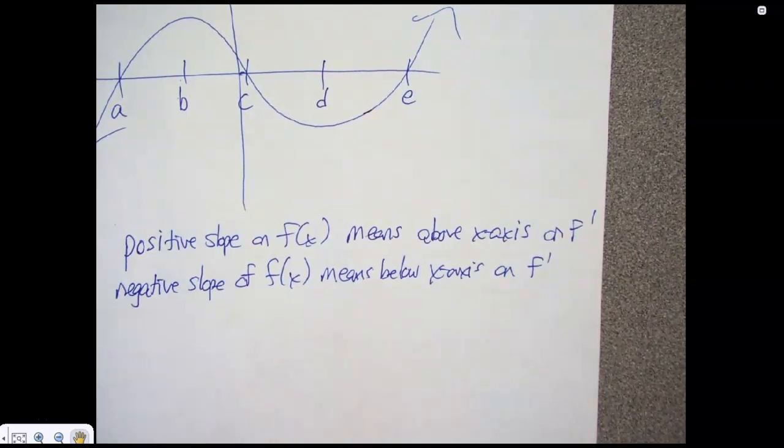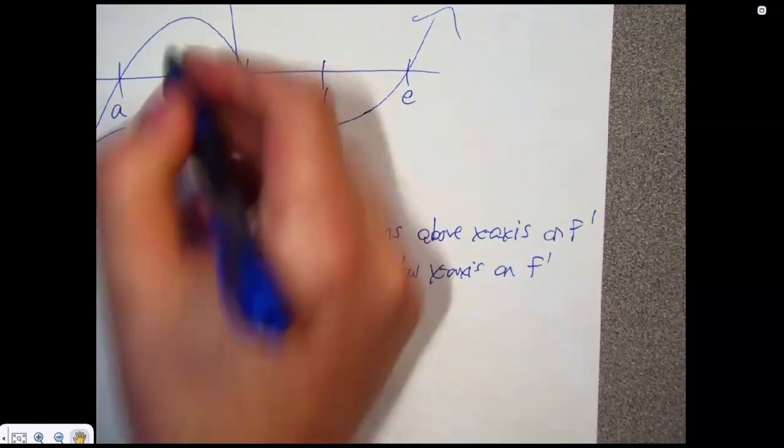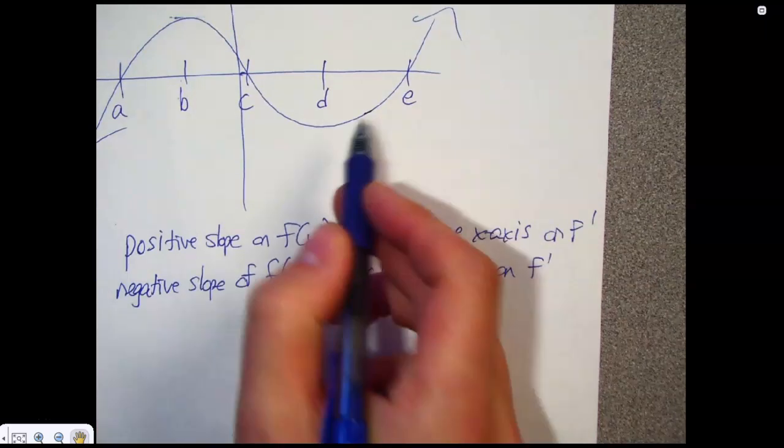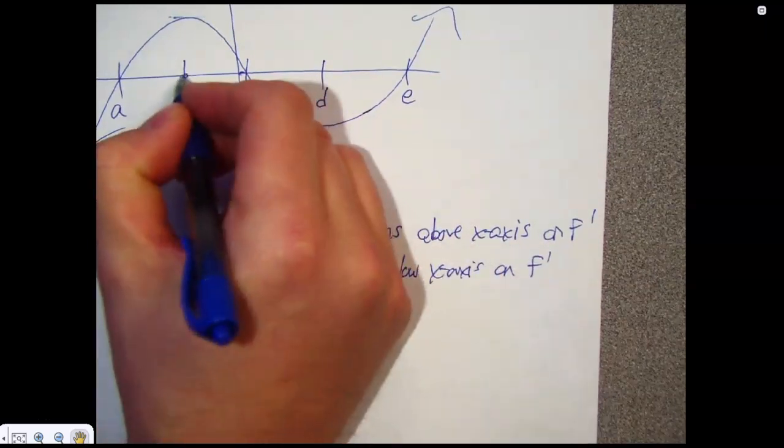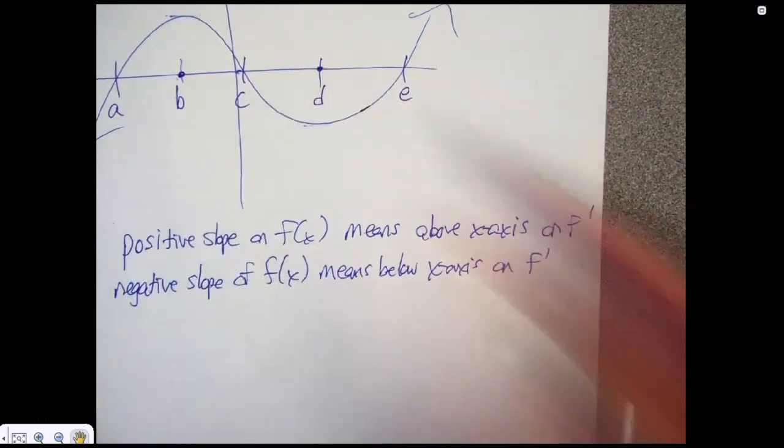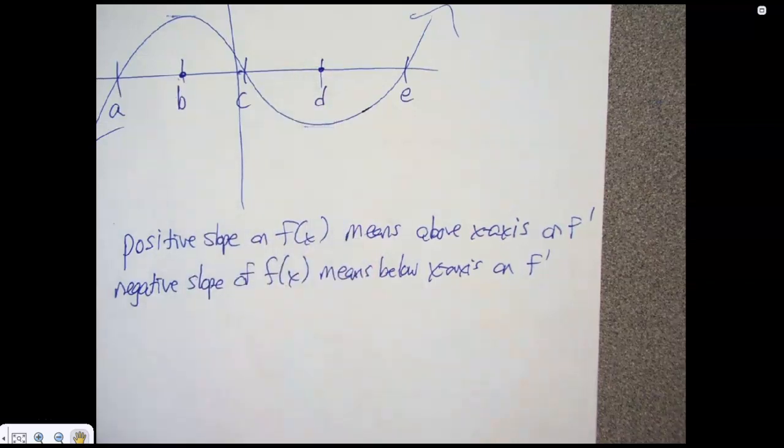B and D, and what is the slope of both those spots? Here. So you're thinking about like the surfboard guy. So he's flat there, he's flat there. So I know the derivative graph has to be zero at those two spots because the derivative represents the slope of the original graph.